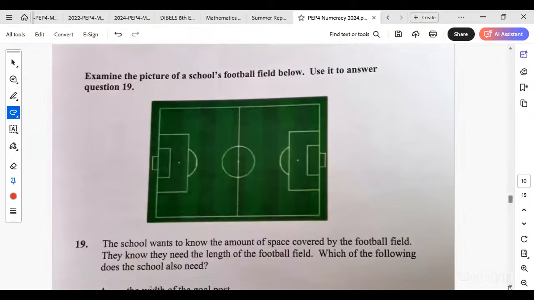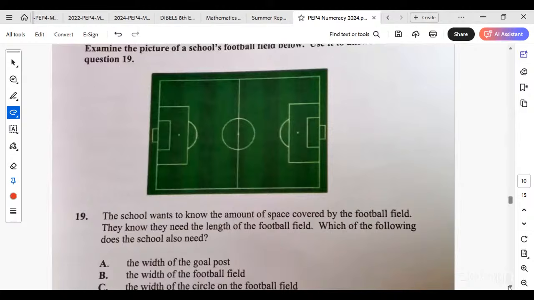19. Examine the picture of a school's football field below. Use it to answer question 19. The school wants to know the amount of space covered by the football field. They know they need the length of the football field. Which of the following does the school also need? So again, the amount of space covered has to do with area.